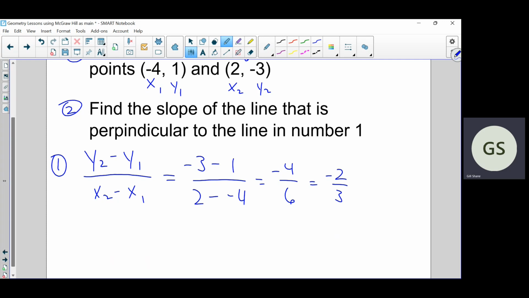We could create a separate line perpendicular to it. That perpendicular line would have the slope that is the perpendicular slope to that. You'll see it when I do a graph of it. So in order to do that, here's what I want you to think. The perpendicular slope has two flips to the original slope. We're going to flip the fraction, the numbers.